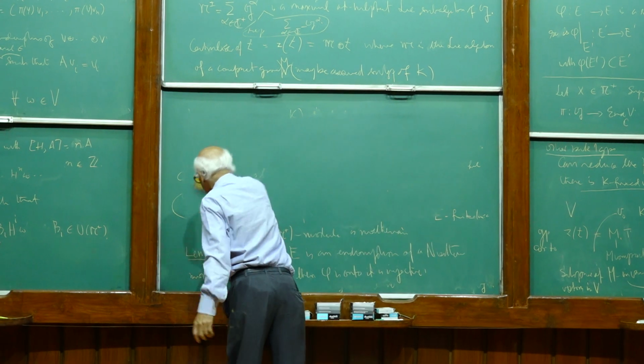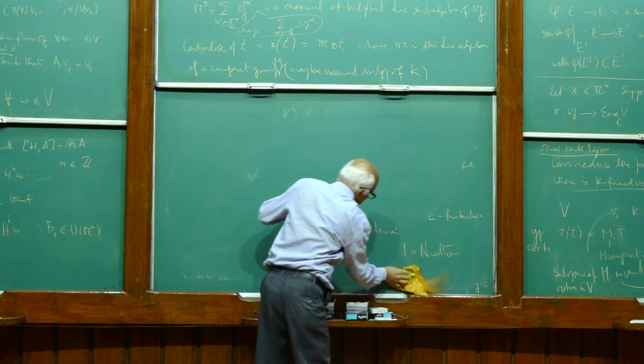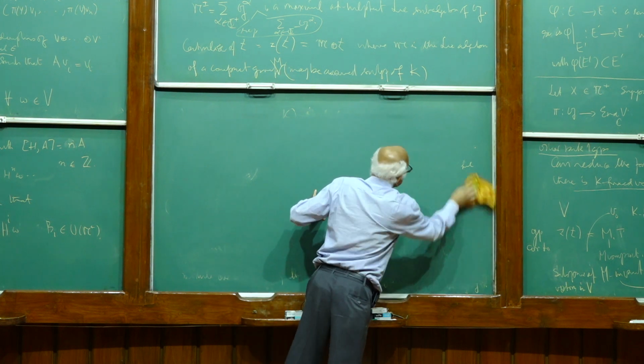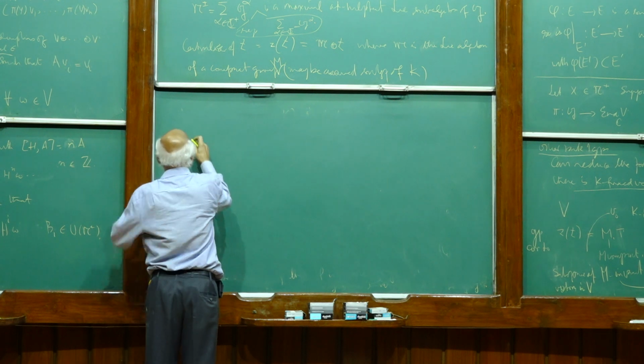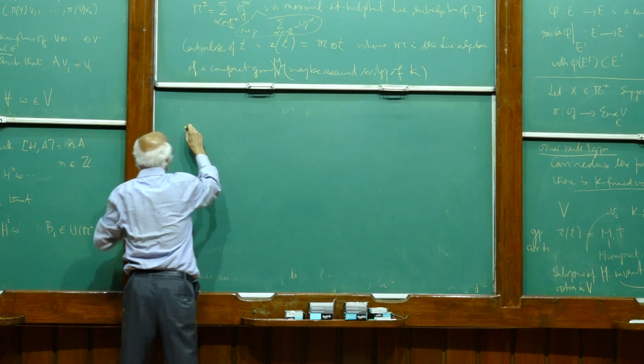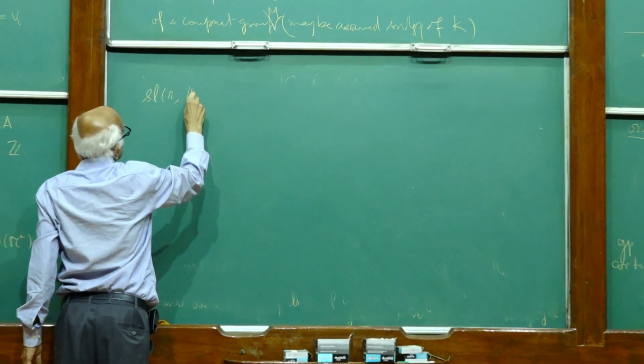Once again, I'll assume that there is a K fixed vector, capital K fixed vector, and let me illustrate it by an example like SLn(R).